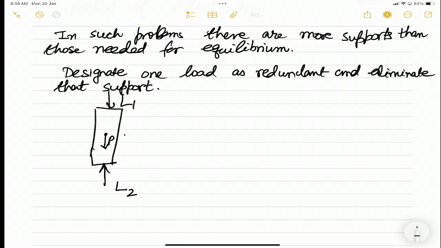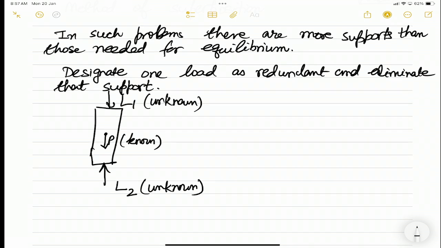let's say this P is known. The reactions are L1 and L2, and I've shown this P so that, even if P is 0, then all you get is L1 plus L2 is 0, but you don't get the value of L1.